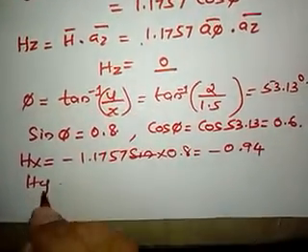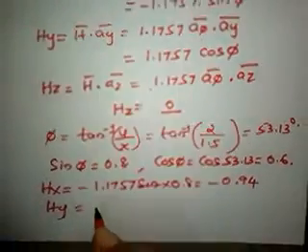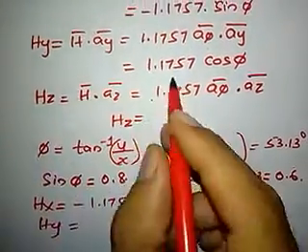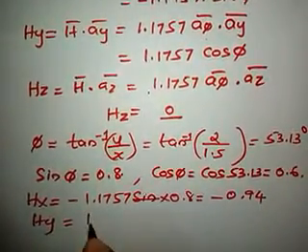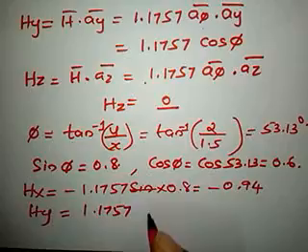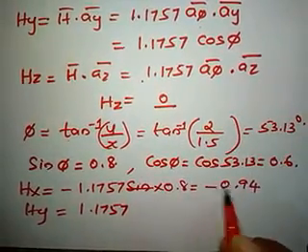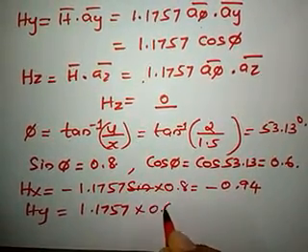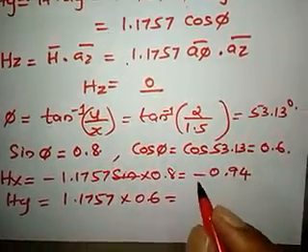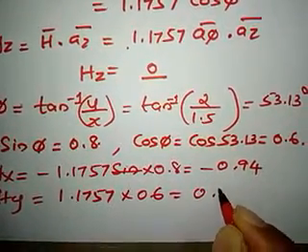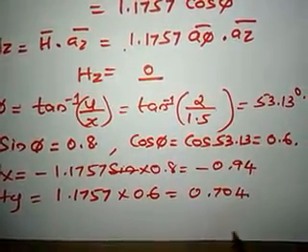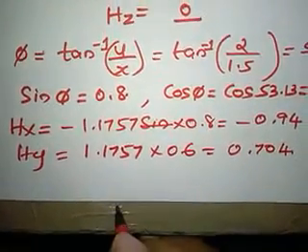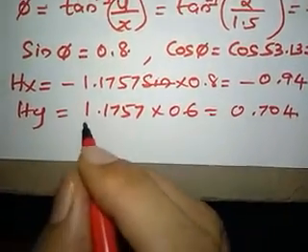Then Hy is 1.1757 cos phi. Cos phi is 0.6, so this into 0.6 comes out to plus 0.704.